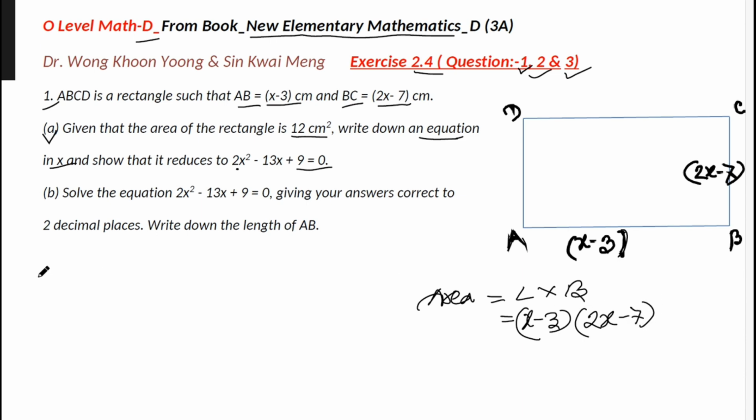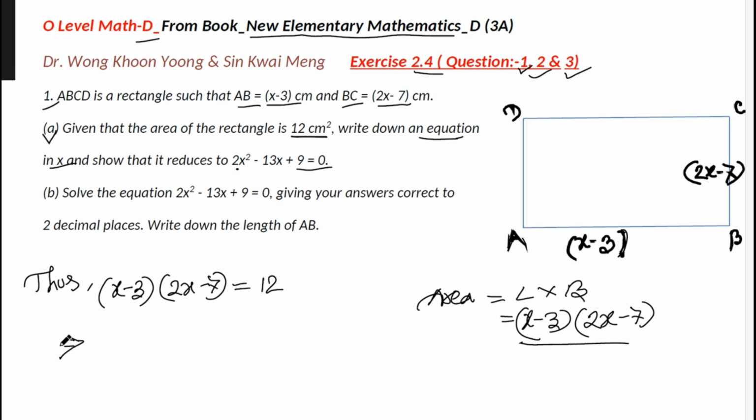So thus we can make an equation from this area, and the area has been given in the question, that is 12 centimeter square. So now we can write x minus 3 multiplied by 2x minus 7. This is the area from the figure, and the question has given the area as 12 centimeter square.